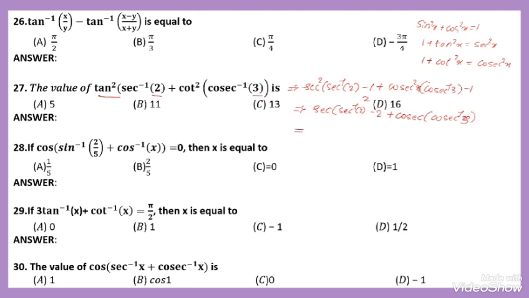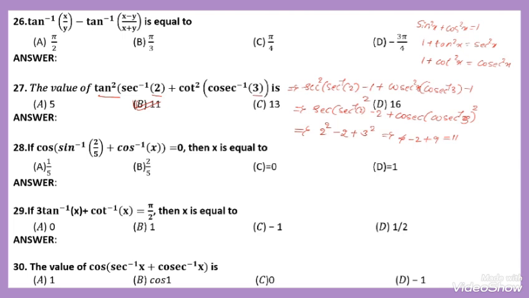Now, by using the property, sec of sec inverse 2 can be written as 2. So there is a square, that is 2 square minus 2 plus cosec of cosec inverse 3 whole square, which becomes 3 square. Now solve: 2 square is 4 minus 2, 3 square is plus 9. 4 minus 2 is 2, 2 plus 9 is 11. The answer is 11. The option is B.